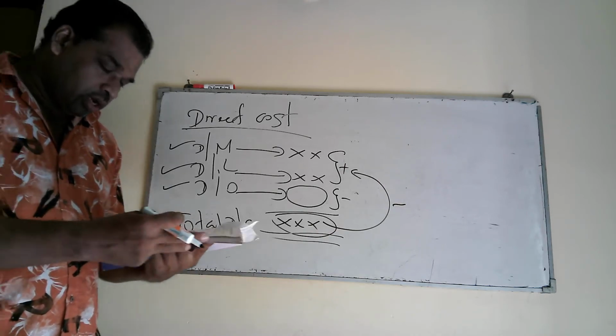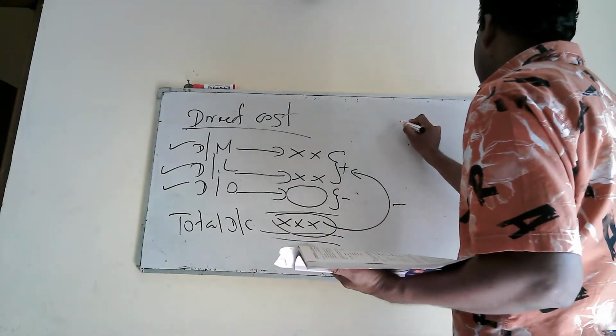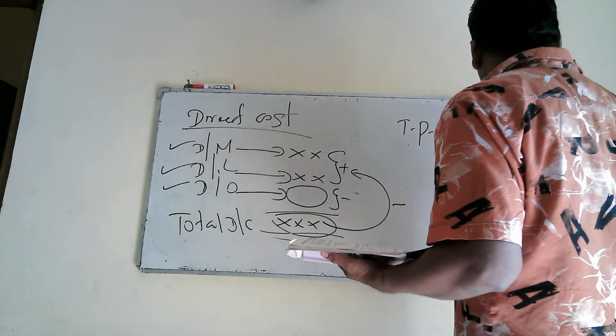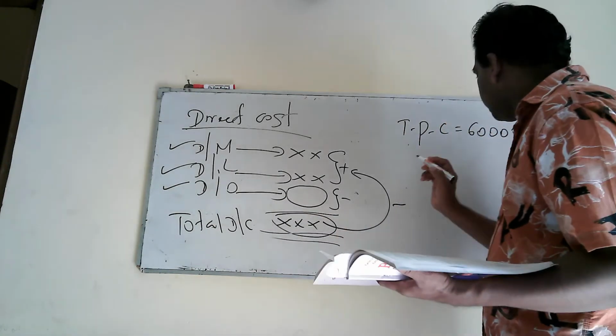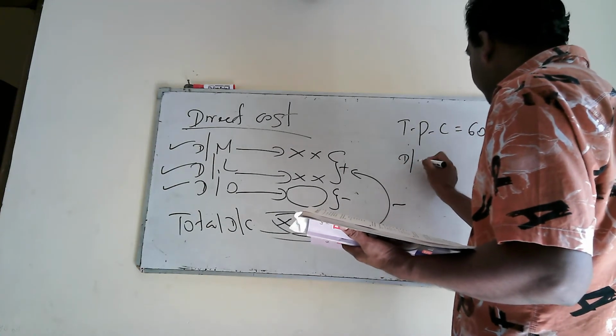Total production cost is given as 60,000. Then you deduct direct labor.